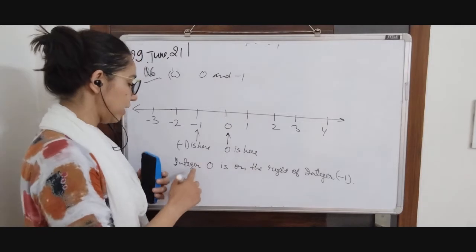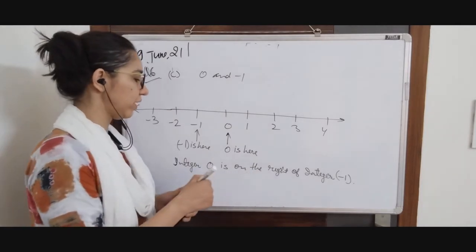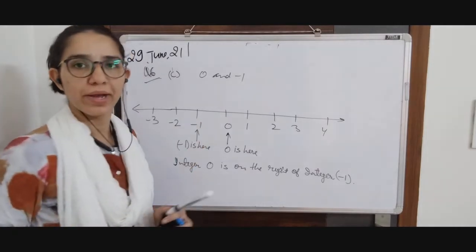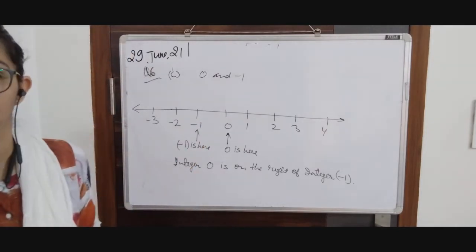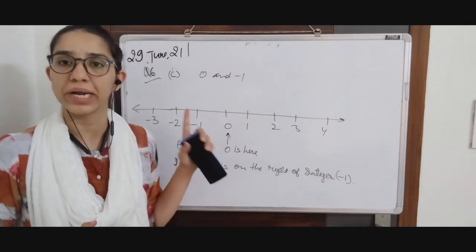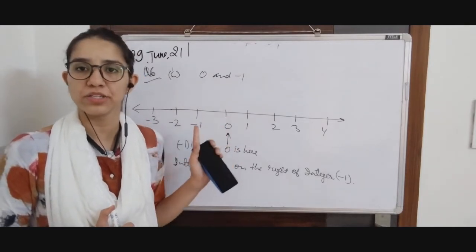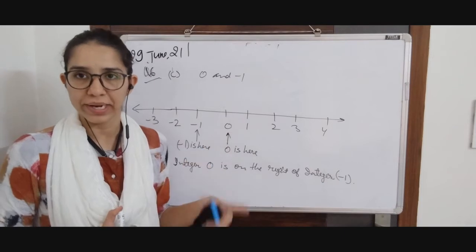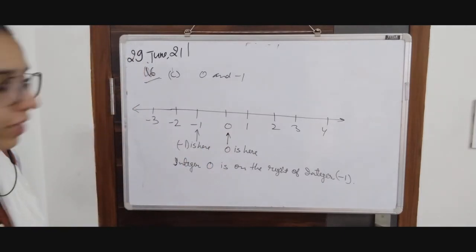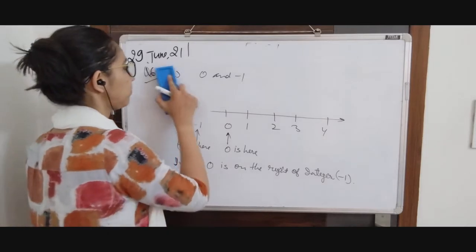It means if 0 is on the right, we can safely say that 0 is greater than -1. Similarly, in our previous example, we could say that -3 was greater than -8 because -3 was on the right of -8.